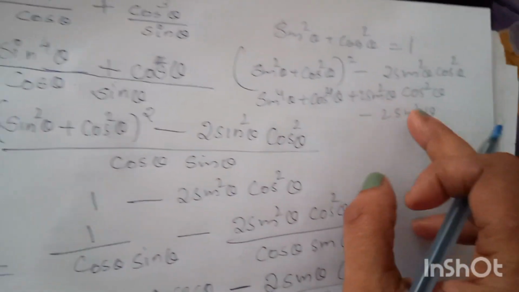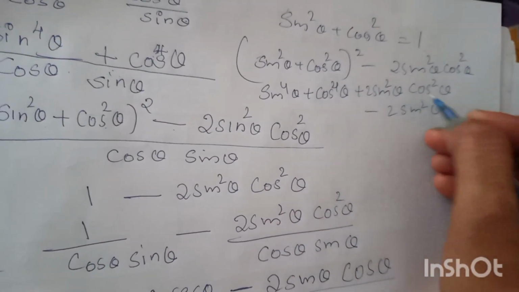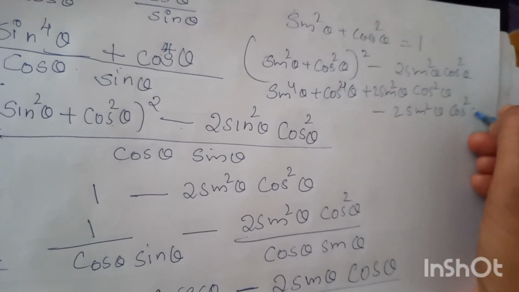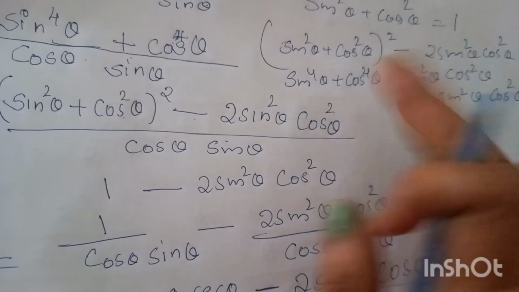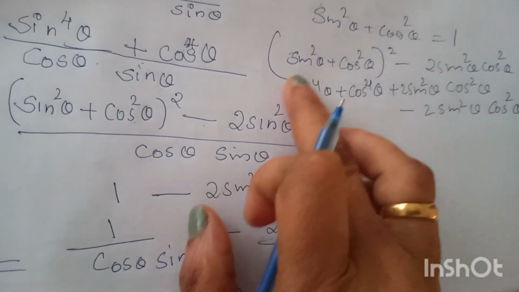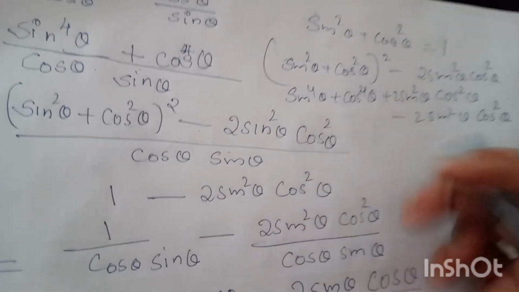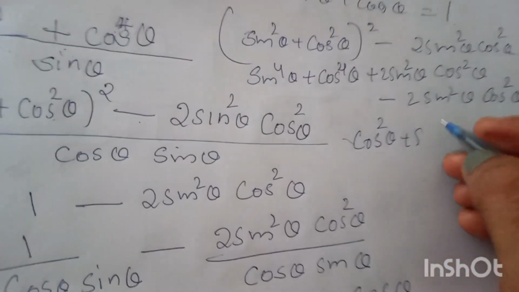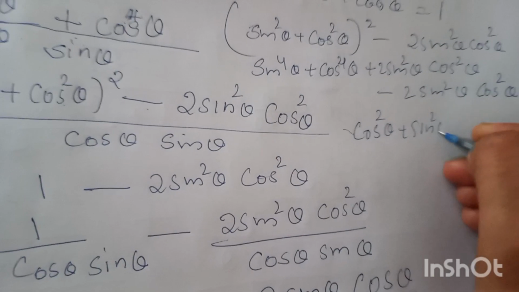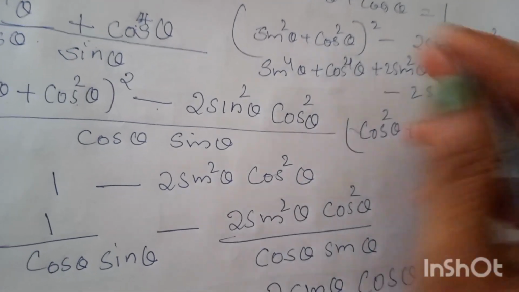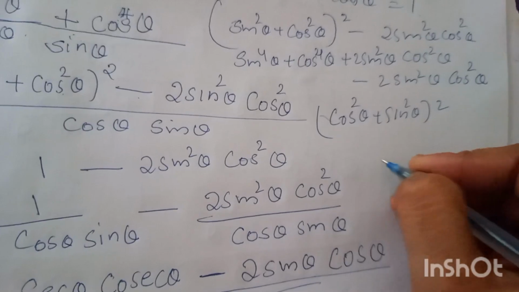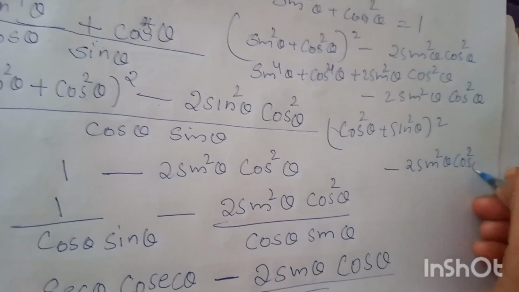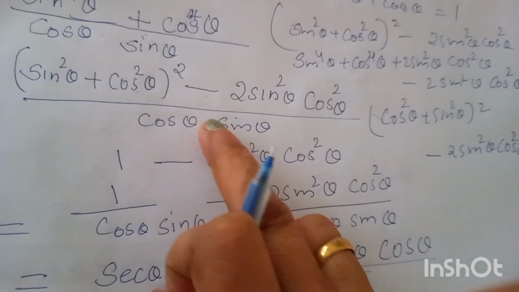So to get that form, we are adding and subtracting these 2 sine square theta cos square theta. So we can write sine raised to 4 theta plus cos raised to 4 theta as sine square theta plus cos square theta whole square minus 2 sine square theta cos square theta. Like this we get this term, isn't it?